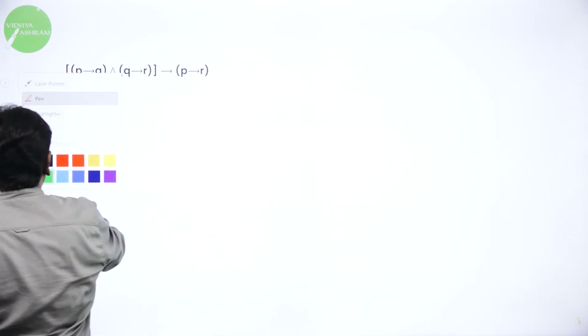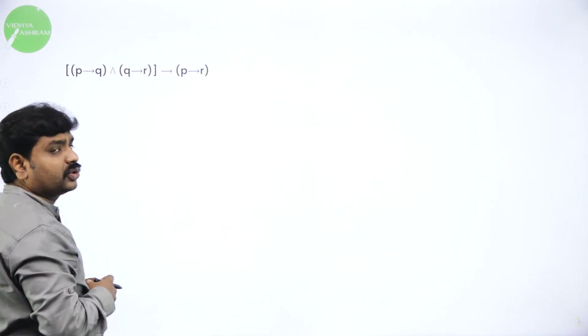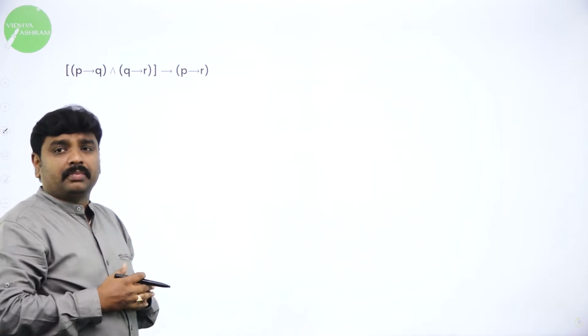To construct the truth table, I'll split it into 8 possible combinations.